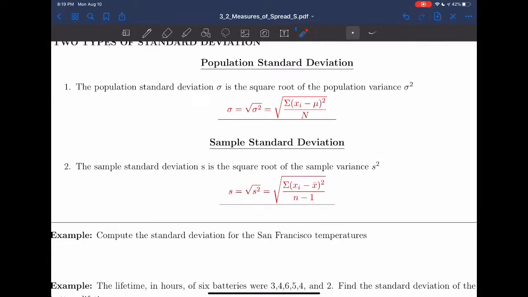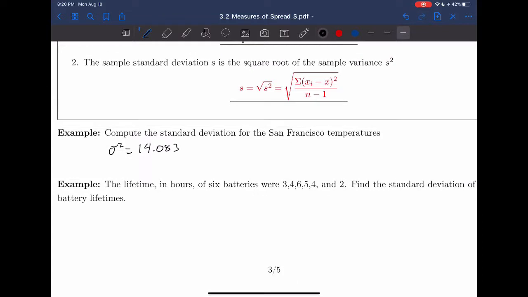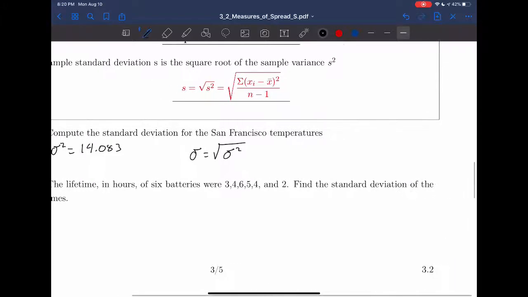Let's compute the standard deviation for the temperature for San Francisco. We know from the previous example, we calculated this as 14.083. So the standard deviation is just the square root of that value, which is just the square root of 14.083, which is 3.752.